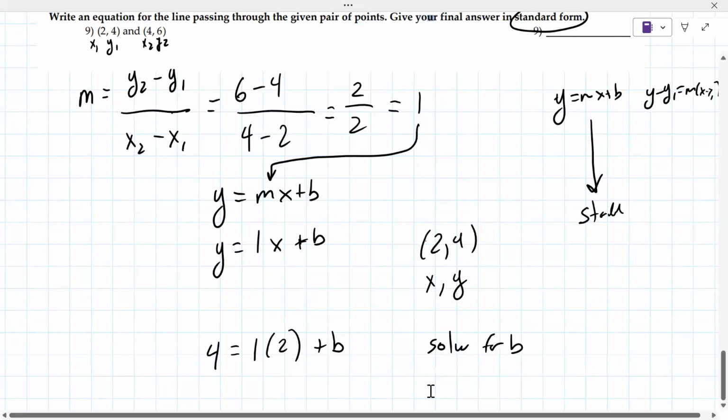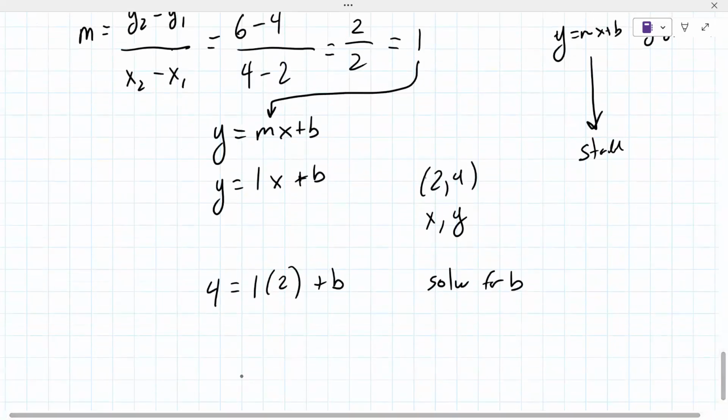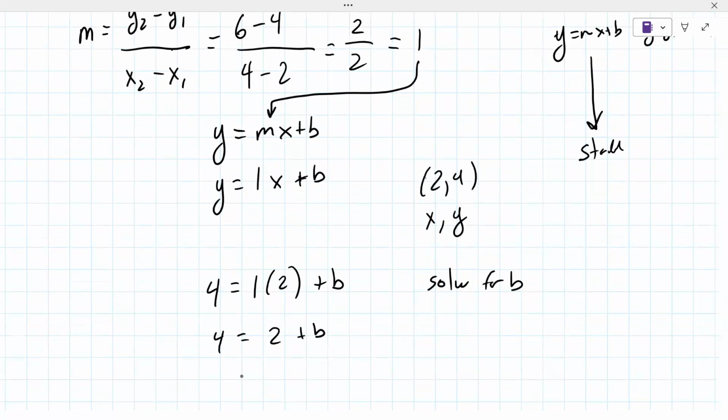Is that okay? Yeah. All right, so to solve for B, you multiply 1 times 2, and you have to move it to the other side of the equation. So it's 4 equals 2 plus B. How do you move the 2 to the other side of the equation? Is it positive or negative? Positive.